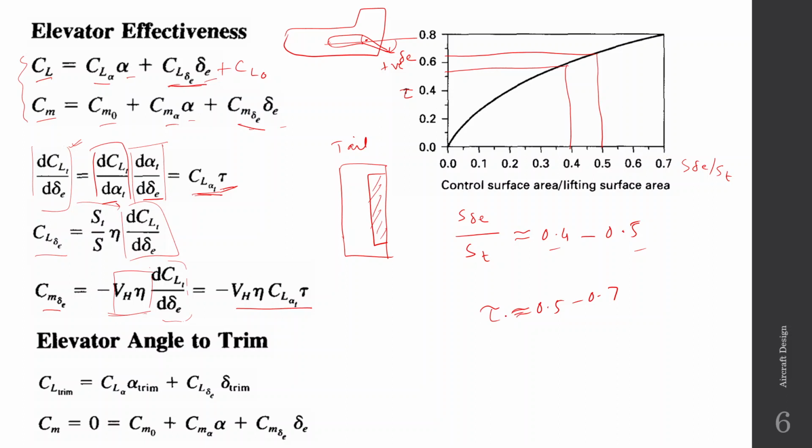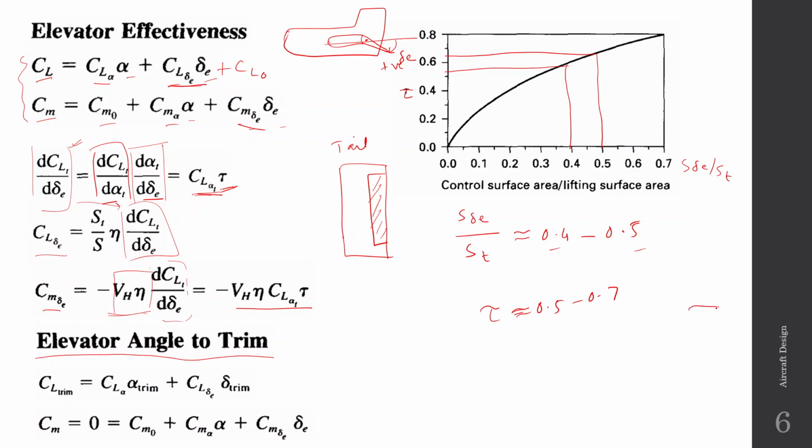Okay, now we will discuss another thing called elevator angle to trim the aircraft. In this concept, we'll discuss what the elevator angle should be such that the aircraft is flying at a desired CL trim and alpha trim. Basically, how it works is that usually we deflect the elevator up.